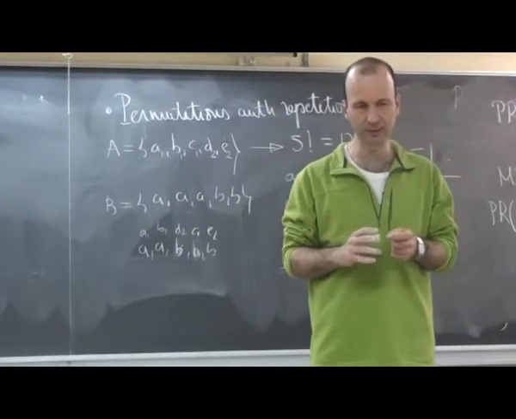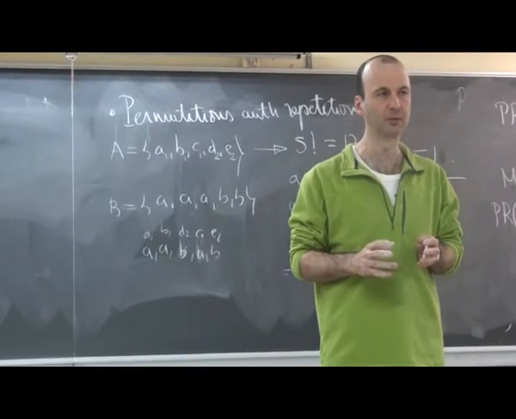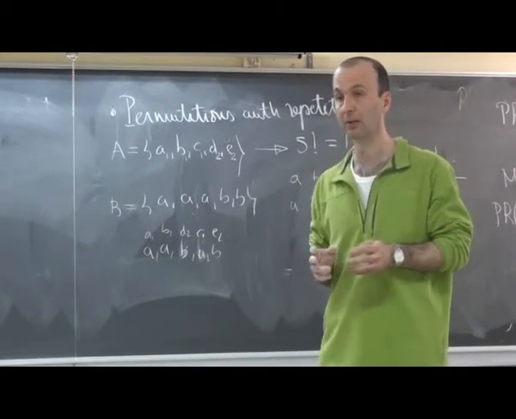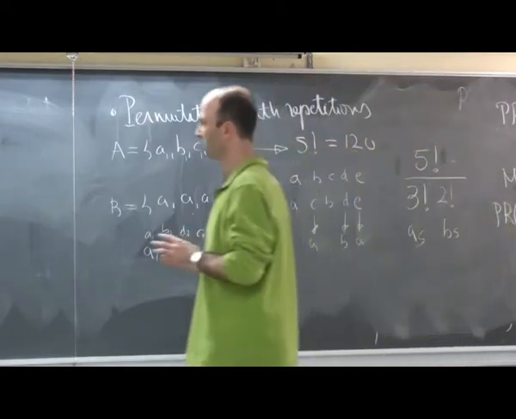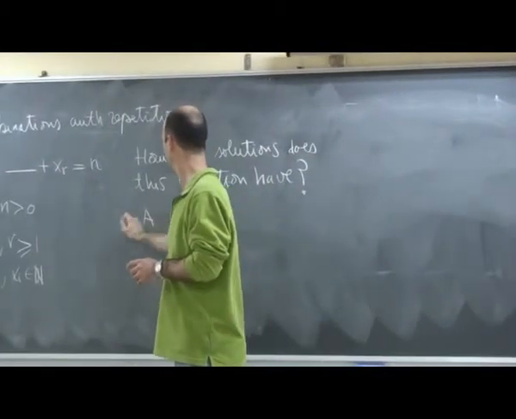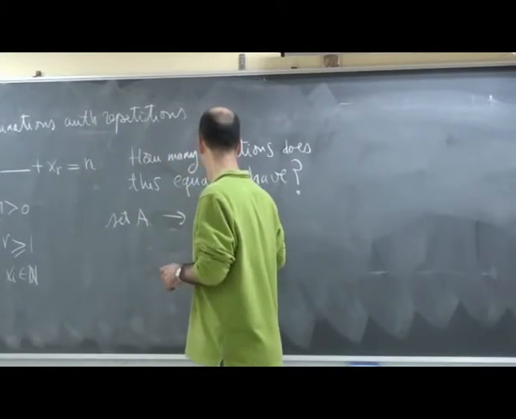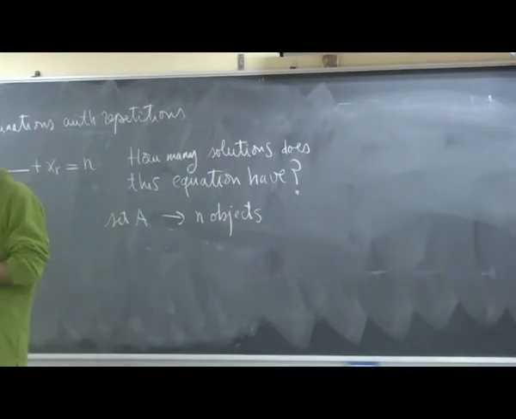First of all, I know that all the variables must sum to n. So I'm going to think, say that I have a set A with n objects. What would the next step be?